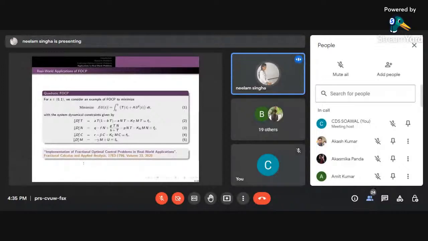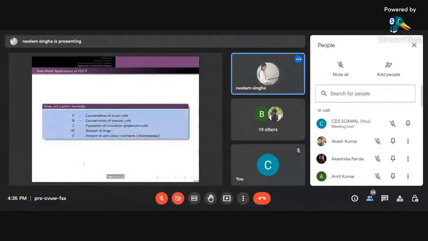Why numerical techniques? Because we know that an analytical solution may not always be available. We may find it difficult to find the analytical solution, so we move towards the numerical or approximate solution, which is very close to the exact one.